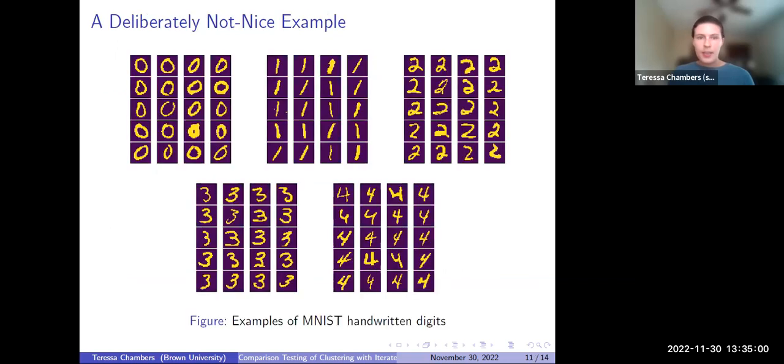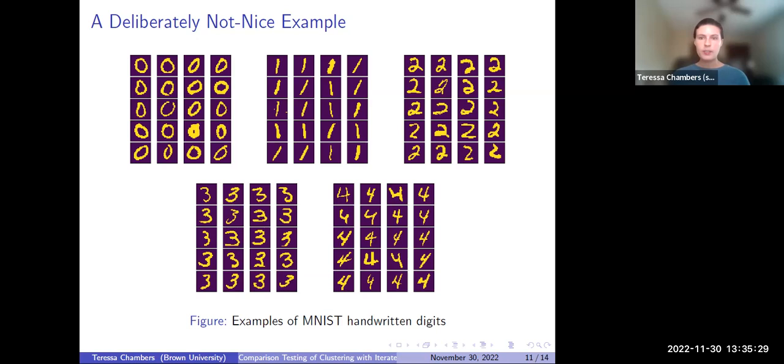So let's test that theory. Taking this algorithm out of my nice, neatly crafted, well-generated, cleanly separated data set, we're going to look instead at data taken from the MNIST database of handwritten digits.